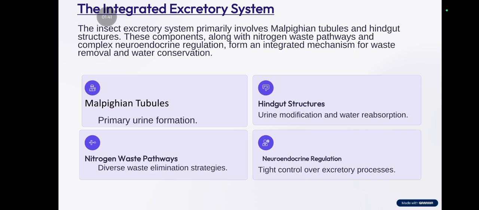The primary urine formation is taking place in the Malpighian tubules. The hindgut structure is responsible for urine modification and water reabsorption. The nitrogen waste pathways are responsible for the diverse waste elimination strategies. And lastly, the neuroendocrine regulation tightly controls the excretory processes.